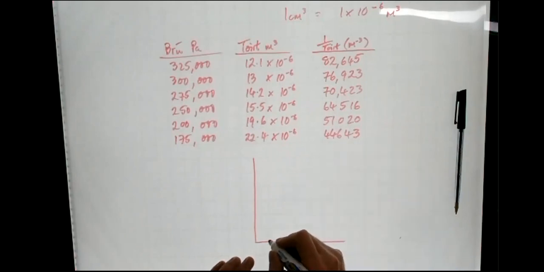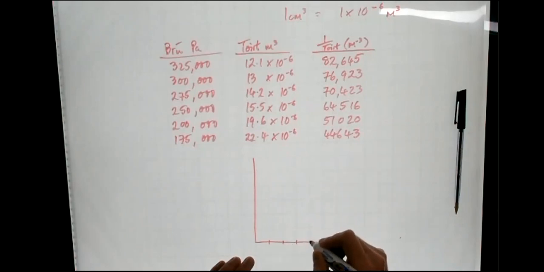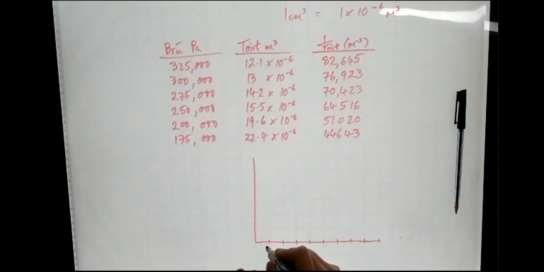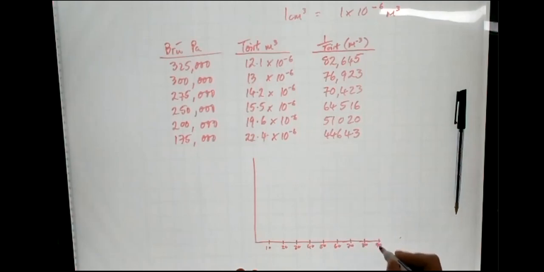So it goes in 10,000, 20,000, 30, 40, 50, 60, 70, and then 80, 90,000. So it goes 10, 20, 30, 40, 50, 60, 70, 80. So it's got 90,000. Now, it is in thousands, so you put in brackets in thousands.